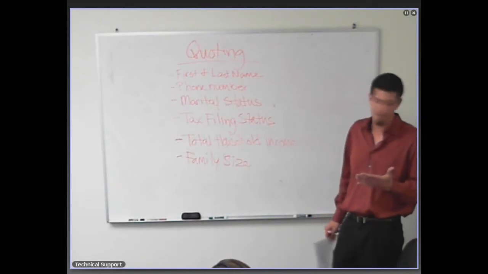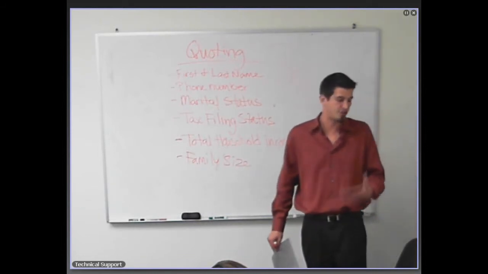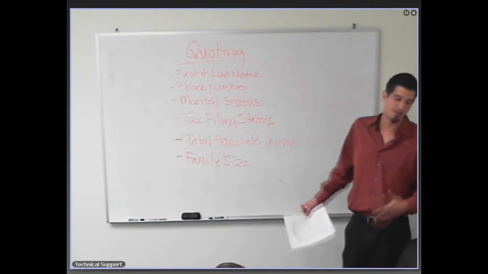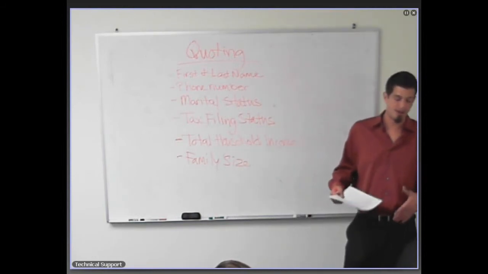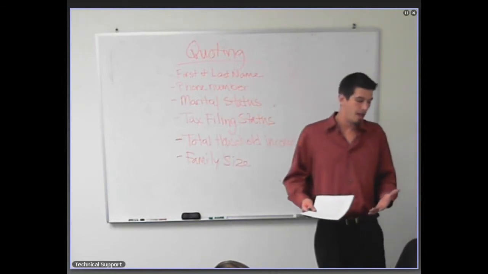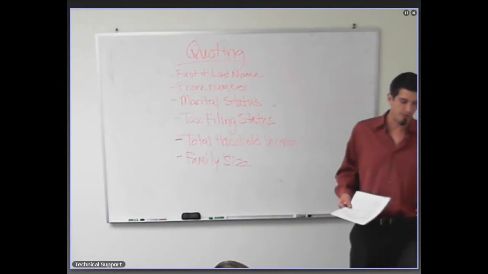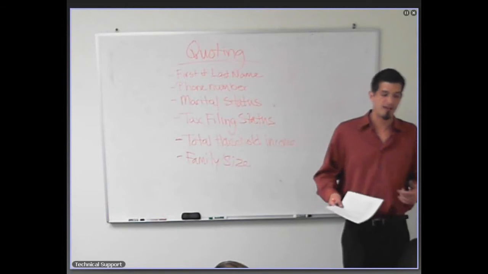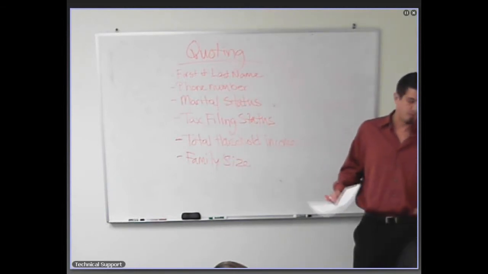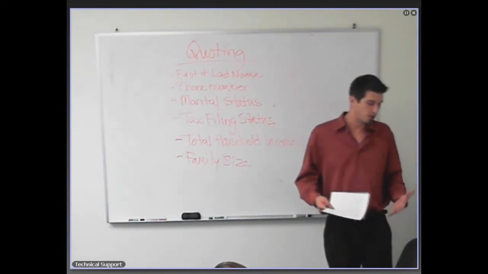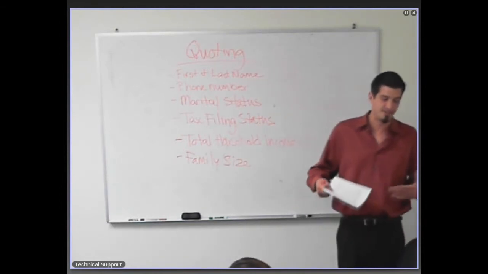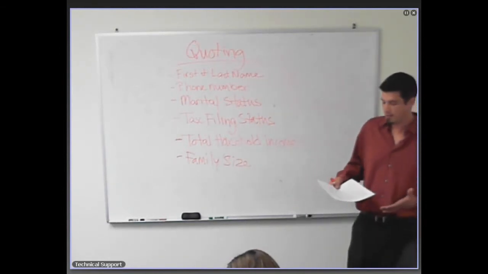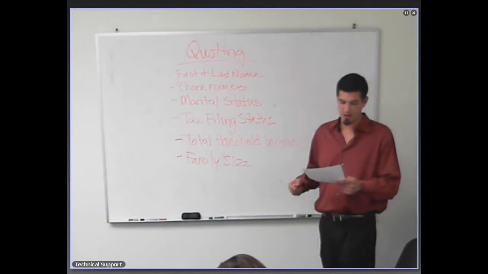For instance, a married couple that files joint and has 3 children has a family size of 5. If a borrower is married and files a separate tax return, and claims 2 kids, we've got a family size of 3. If a borrower is single but still has 2 kids they claim on their taxes, again, that's a family size of 3. We'll come back to that in a minute.